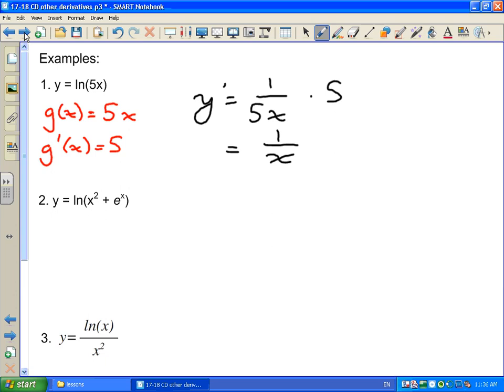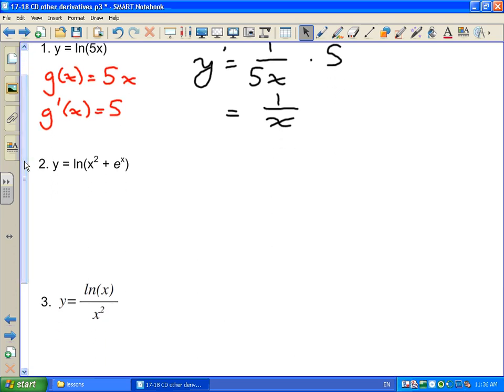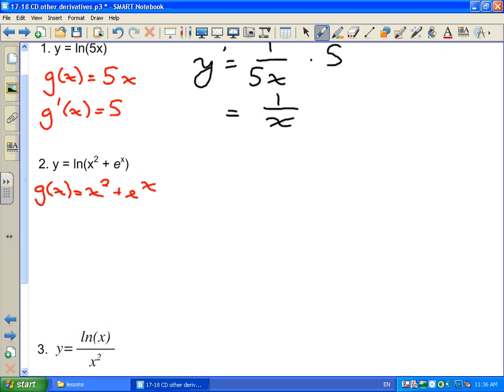Okay, so let's look at something a little bit more complicated here. Our next one, we've got y equals ln of x squared plus e to the x. Again, we're going to use chain rule, so let's identify what's our inner function, our g at x function this time around, and then let's figure out what the derivative of that is. So x squared plus e to the x is our inner function.